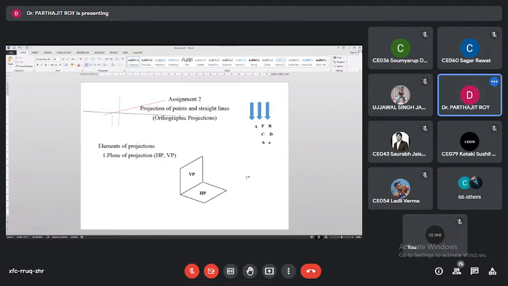Now, how many quadrants are formed here? How many quadrants can you see? One or two or three or four?